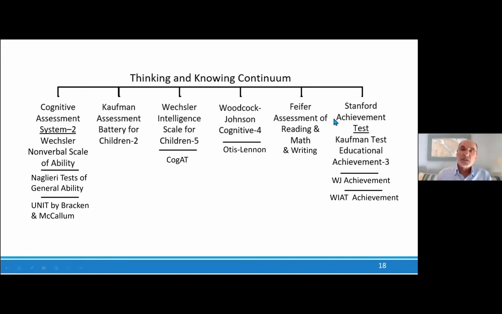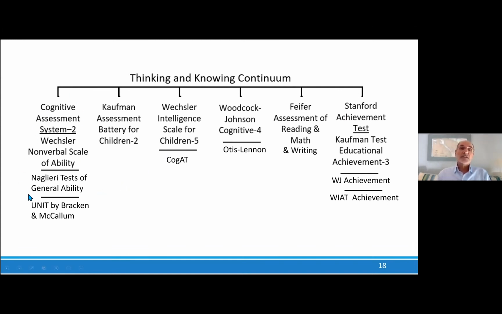So the achievement tests are on the right-hand side and the ability tests that don't involve achievement on the leftmost side. And the stuff in the middle is where you get misled. Like a Woodcock-Johnson, Otis-Lennon, a COGAT, a WISC, you get misled. You think they're not so smart, but it's just that they haven't had opportunity, even if they only speak English.